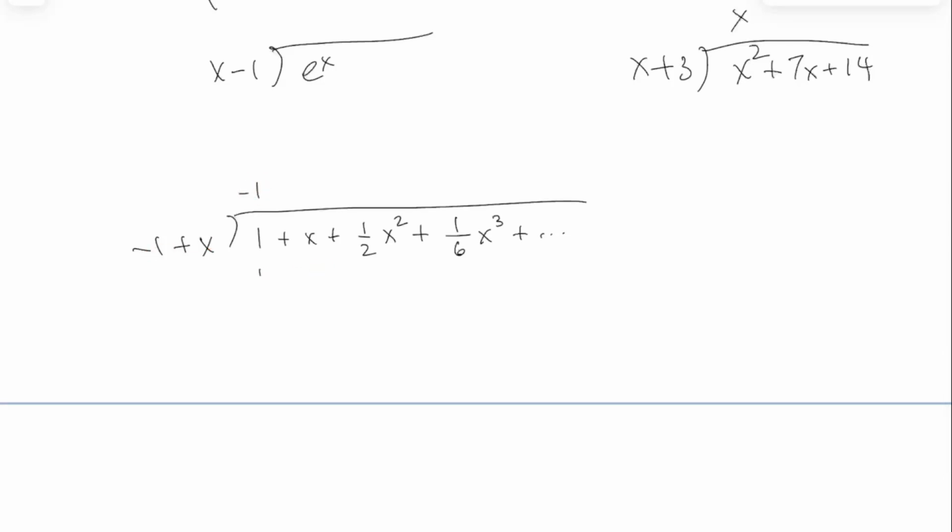So it's going to say 1 minus x, right? And then we subtract. The 1 and the 1 will cancel, right? And then we have x minus negative x. The answer is 2x. And then I bring down the next term as usual, 1/2 x squared.